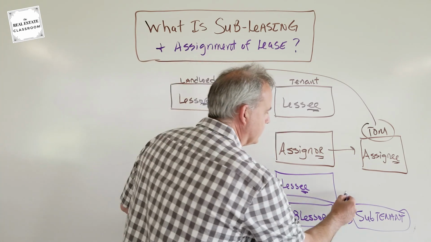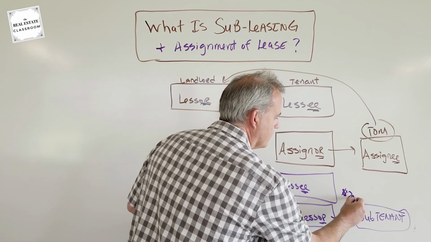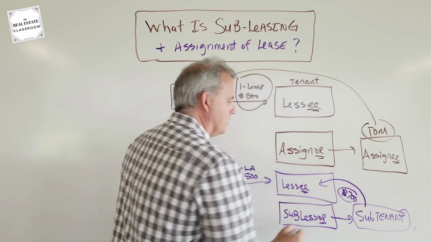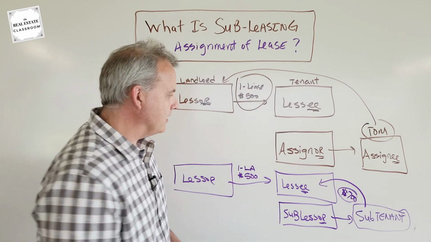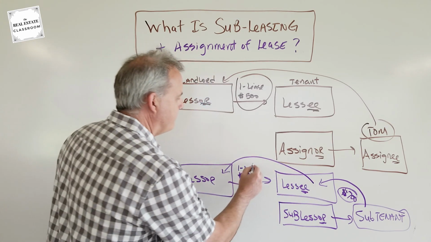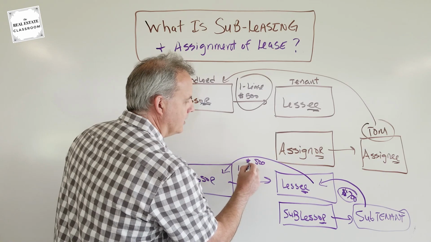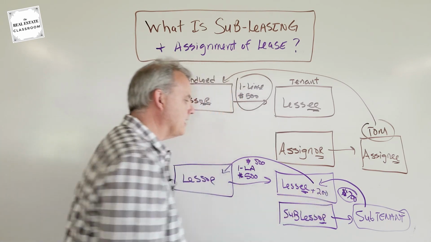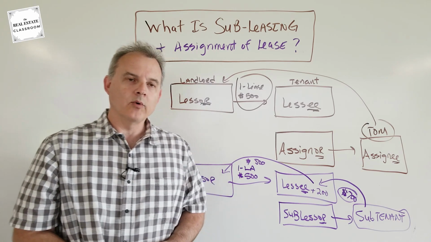But guess what? The rent is $700 a month. So the subtenant is going to pay the original tenant $700 a month, and then the original tenant is going to pay the landlord $500 a month. So the tenant's going to make $200 a month extra. That's how that one works.